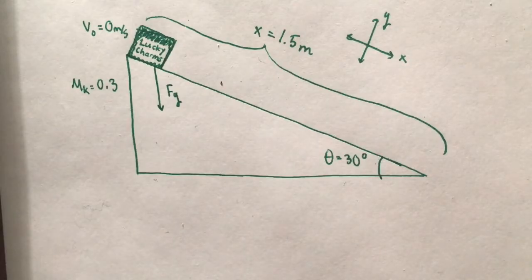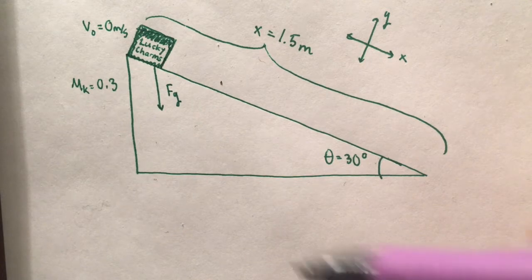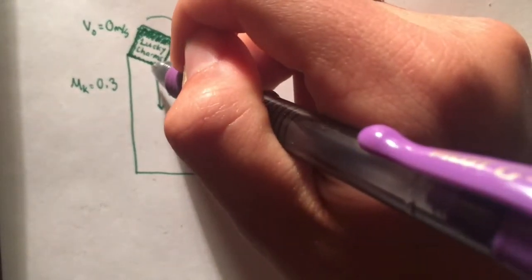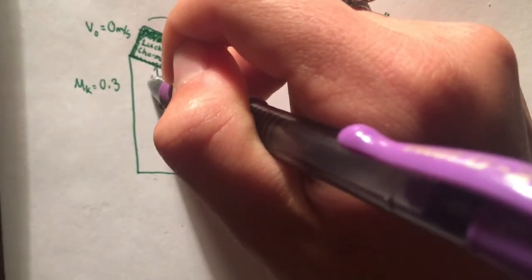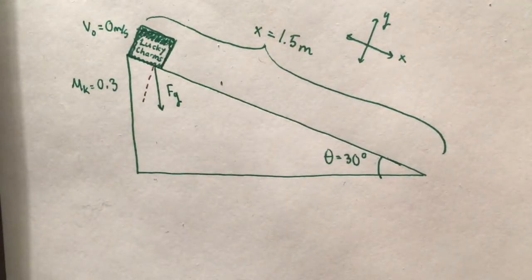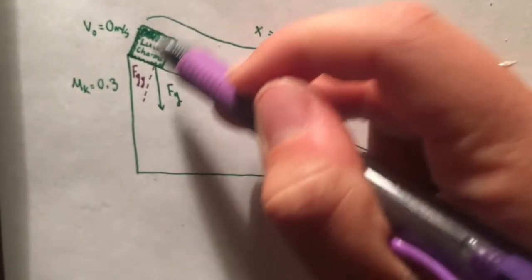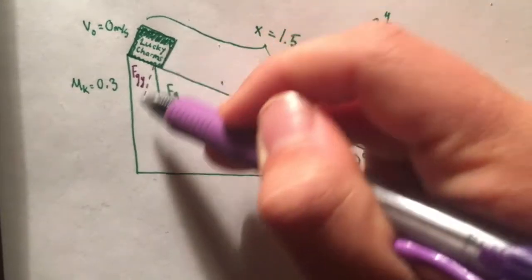Okay, because we are on an inclined plane, we want to split the force of gravity into its vertical and horizontal components. And so I'm going to draw the all-famous triangle with my vertical component being perpendicular to the plane. That is F_GY, because that is aligned with our y-axis, which is now perpendicular to the plane.